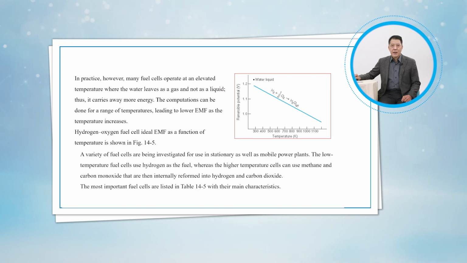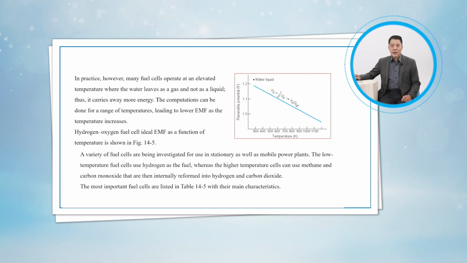A variety of fuel cells are being investigated for use in stationary as well as mobile power plants. The low-temperature fuel cells use hydrogen as the fuel, whereas the higher-temperature cells can use methane and carbon monoxide that are then internally reformed into hydrogen and carbon dioxide.